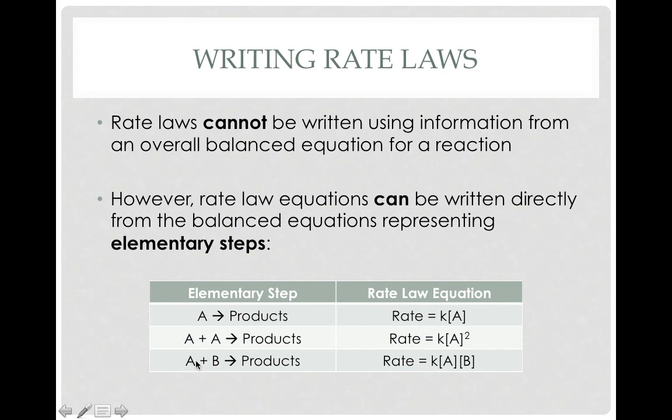If we have A reacting with B, so 2 different reactants coming together, our rate law expression is going to be rate is equal to k times the concentration of A raised to the power of 1 and the concentration of B raised to the power of 1. So if we have an elementary step, we can write out a rate law expression for it, and that will mimic the rate determining step, and we'll see that coming up.